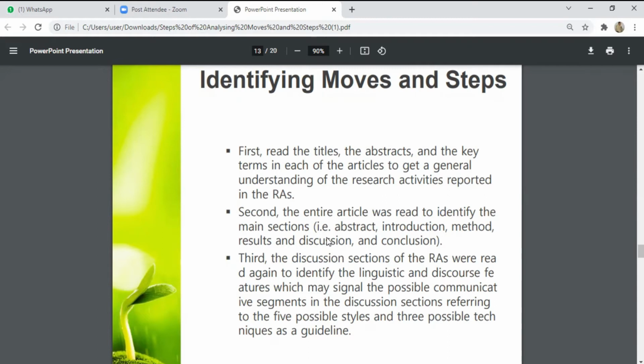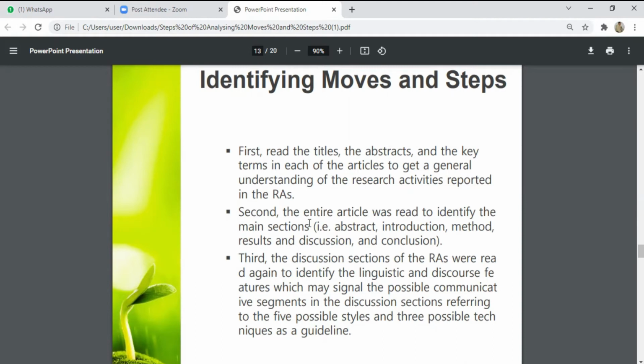Second, the entire article is read to identify the main sections. What are the sections? Abstract, introduction, method, results, and discussion and conclusion. Third, the discussion section of the research article is read again to identify the linguistic and discourse features which may signal the possible communicative segments in the discussion section, referring to the five possible styles and three possible techniques as a guideline, as a model.